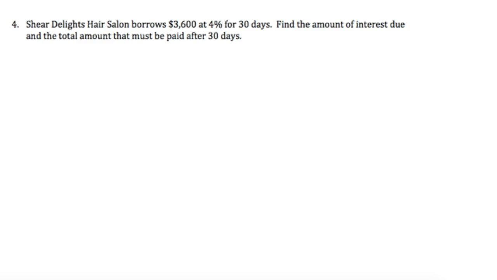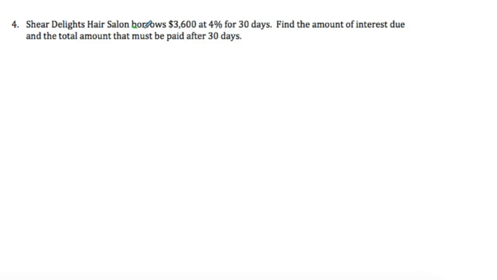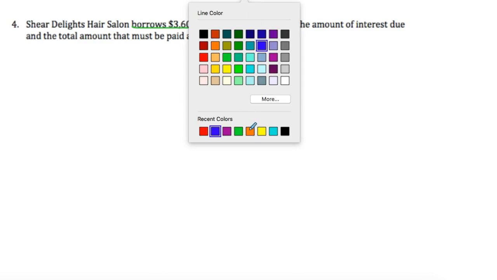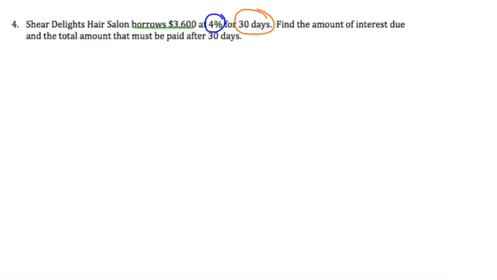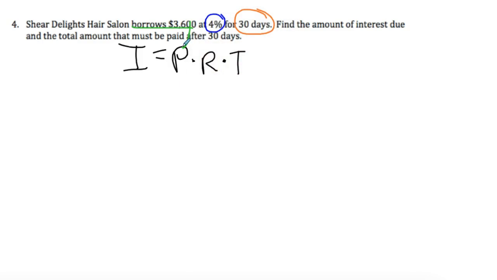Okay, one last example. We are going to borrow the money, so this is money that we owe, and then we have our rate, and then we have time. Okay, we're always looking for those three things because I is equal to P times R times T. So my P, I'm going to put that in there.